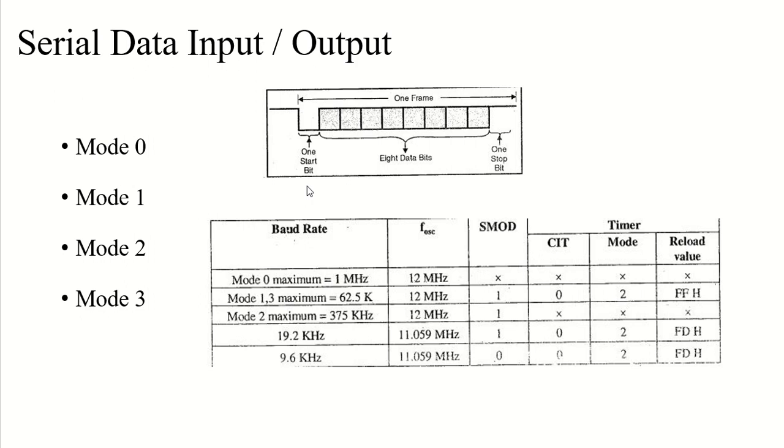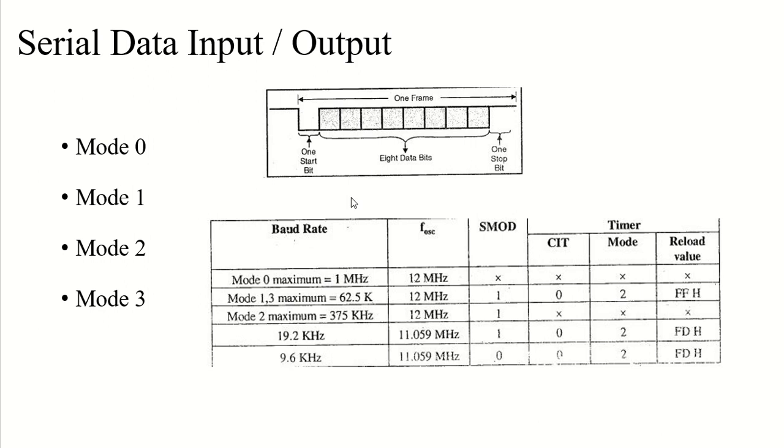In this mode, the number of transmission bits is 11, which means one start bit, 9 data bits, and one stop bit. Here we had one start bit, 8 data bits, one stop bit in mode 0, but in mode 2 we have one start bit, 9 data bits, and then one stop bit.